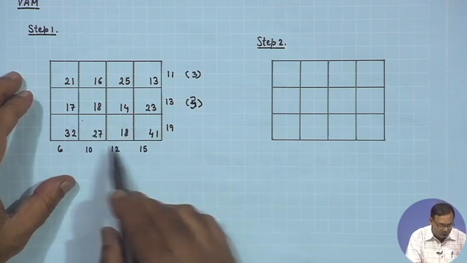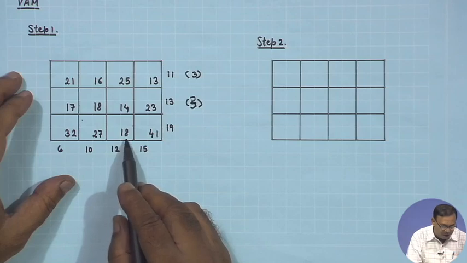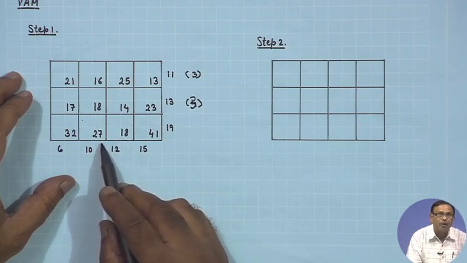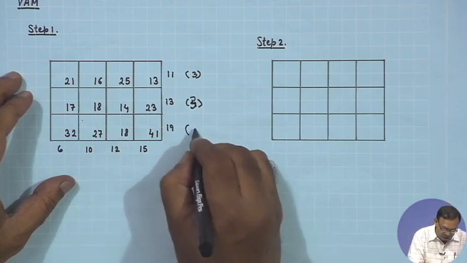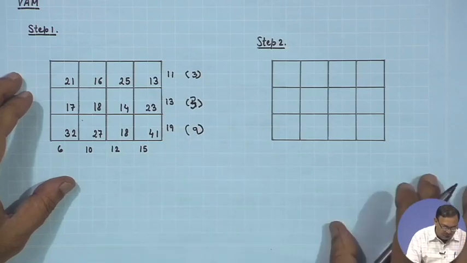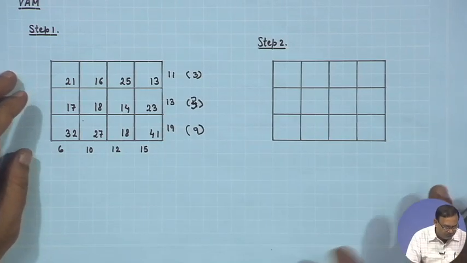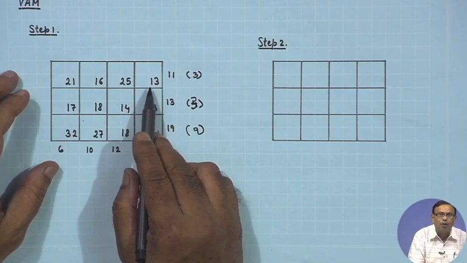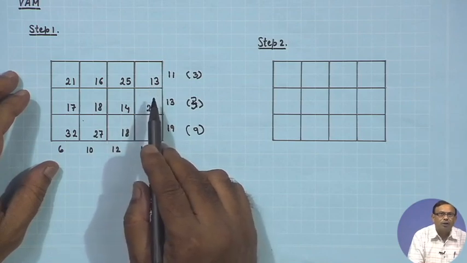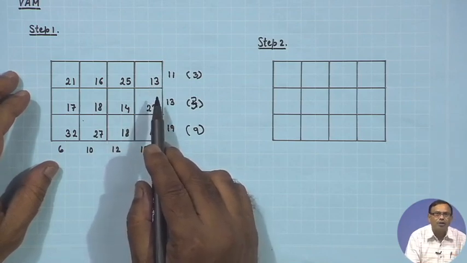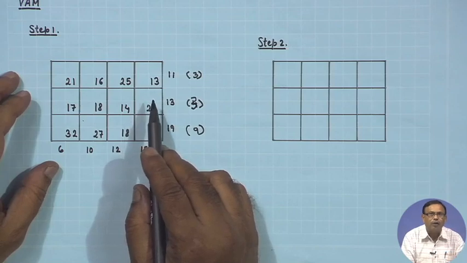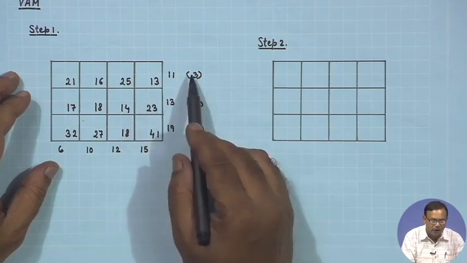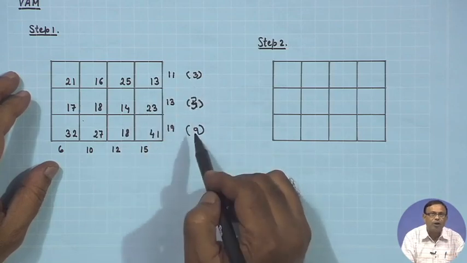Then in the next one, the smallest is 18, second smallest is 27. So, the difference is 27 minus 18, that is 9. Similarly, for each row you are finding the smallest cost and second smallest cost, and you are writing the difference within bracket for each row like this.